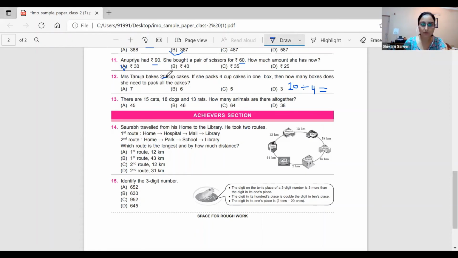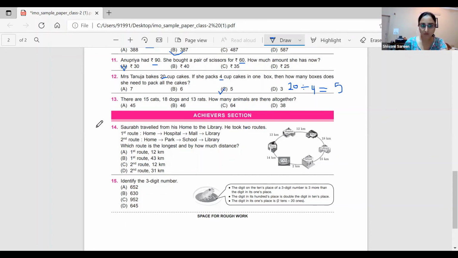There are 20 cupcakes, and she has to divide them into groups of 4. So 20 divided by 4 equals? We need to find when 20 comes in the table of 4. So 4 fives are 20. So the correct answer is option C.